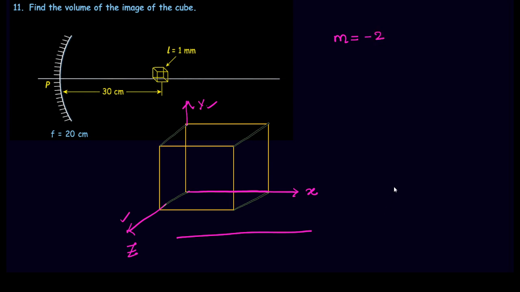Now you tell me, the dimension along the x direction is magnified by how many times? By m square times. So that means it becomes 2 square into 1, which is 4.